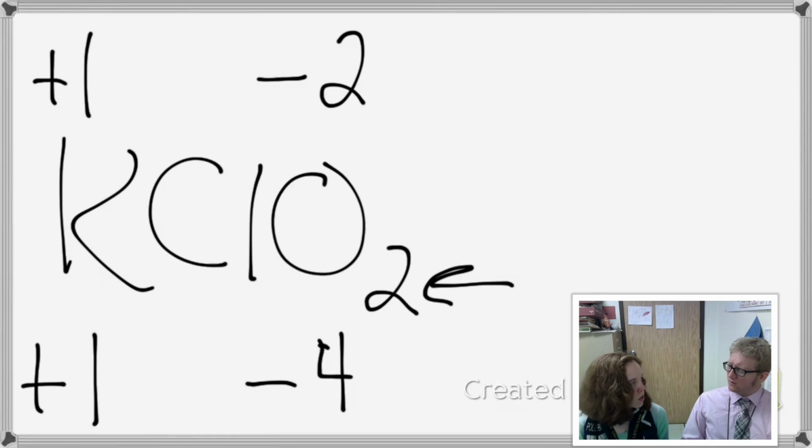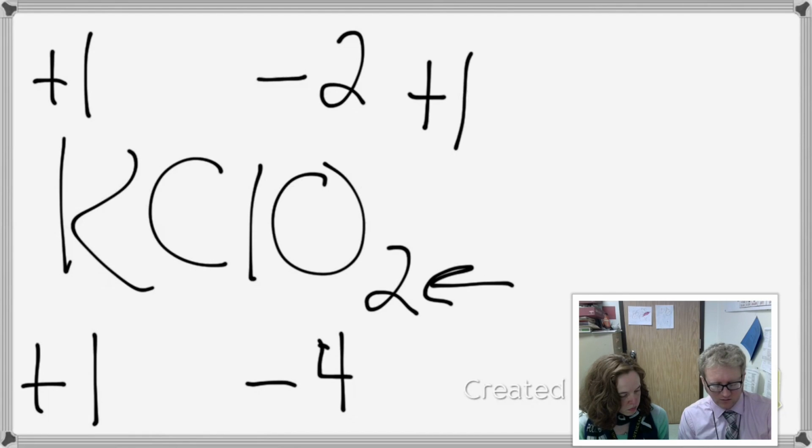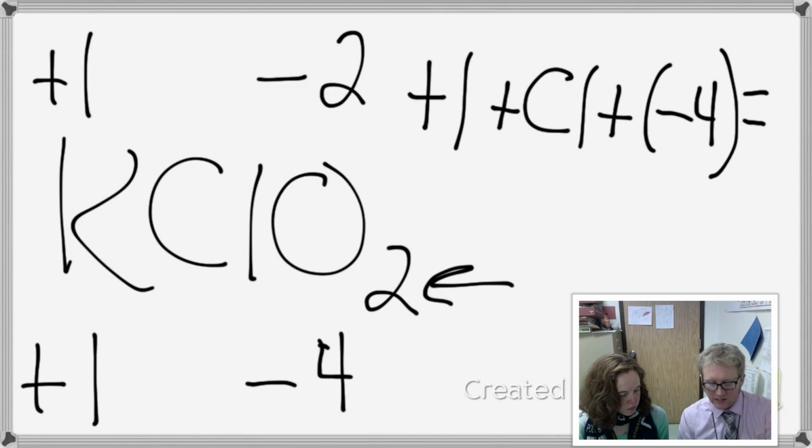This looks really close to the last one, so maybe I can set it up the same way. I've got 1 plus whatever my chlorine is, plus negative 4, and all of those have to equal 0. That's my last rule.